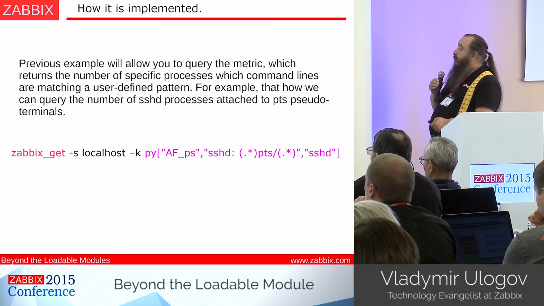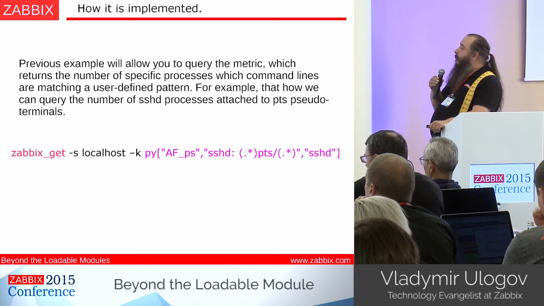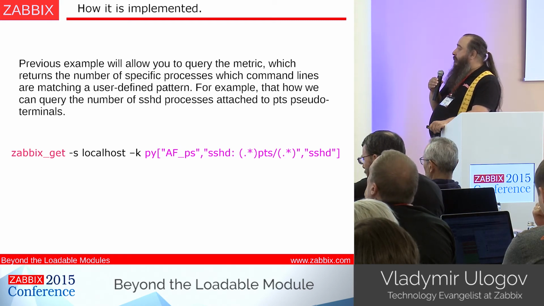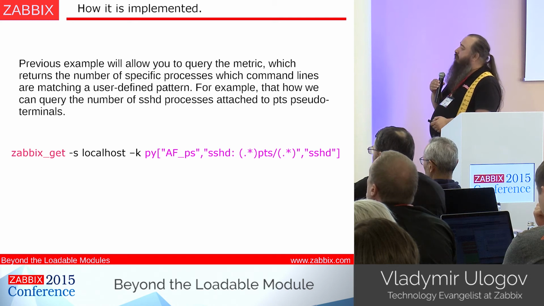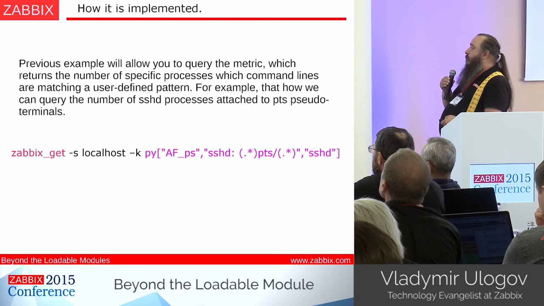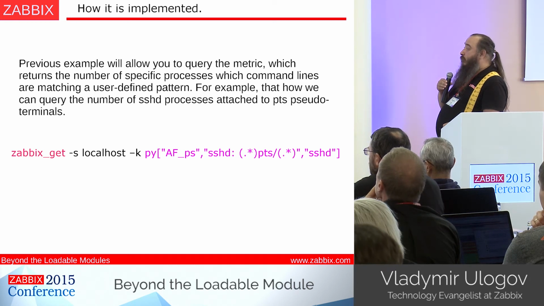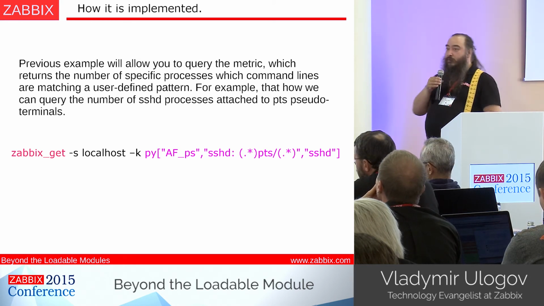And this example module will allow you to query the process list and return the number of specific processes where the command line follows a specific pattern. And in this example, when you call this module, let's say the code in the af_ps.py module, you search for the number of SSHD processes attached to pseudo terminals.